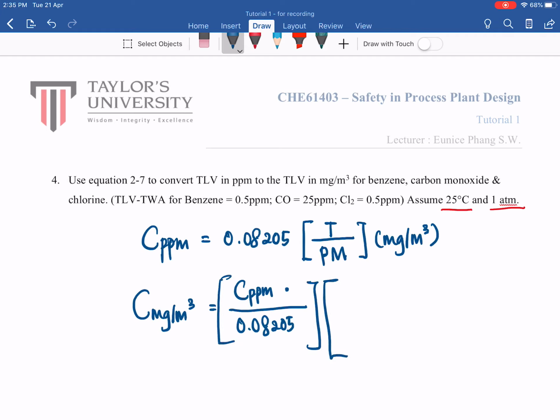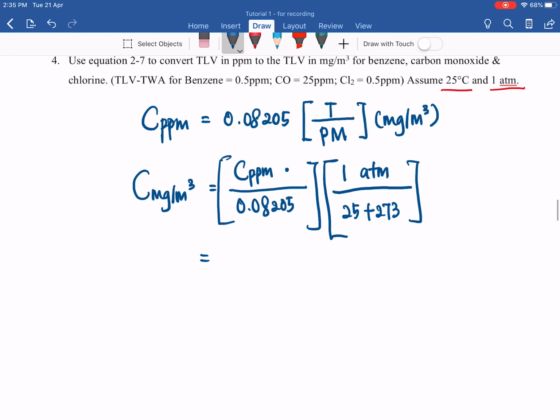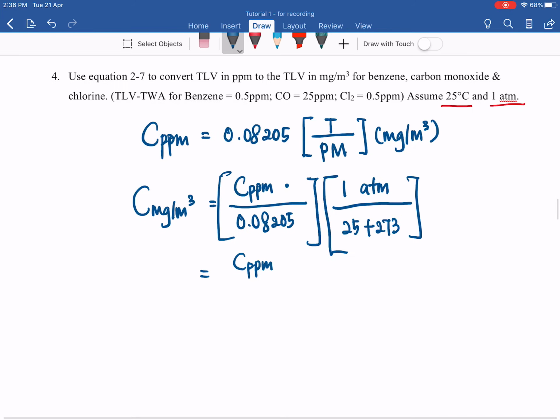And then we will have our pressure up. So pressure is 1 atmospheric pressure over temperature 25 degrees Celsius, but the temperature here is in Kelvin. So 25 plus 273, and I also need the molecular weight.